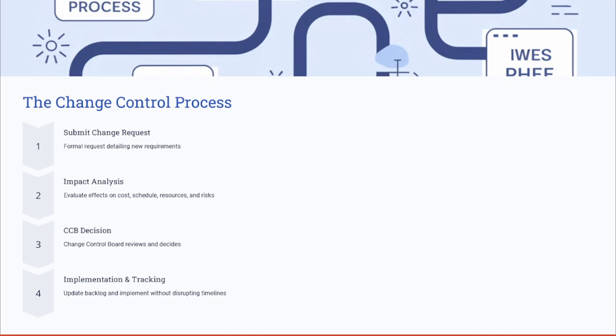If it's approved, it goes for implementation and tracking. The development team updates their backlog and ensures the change is implemented without disrupting the project timelines. Without this structured approach, the client request could have led to missed deadlines, budget overruns, and security compliance issues.